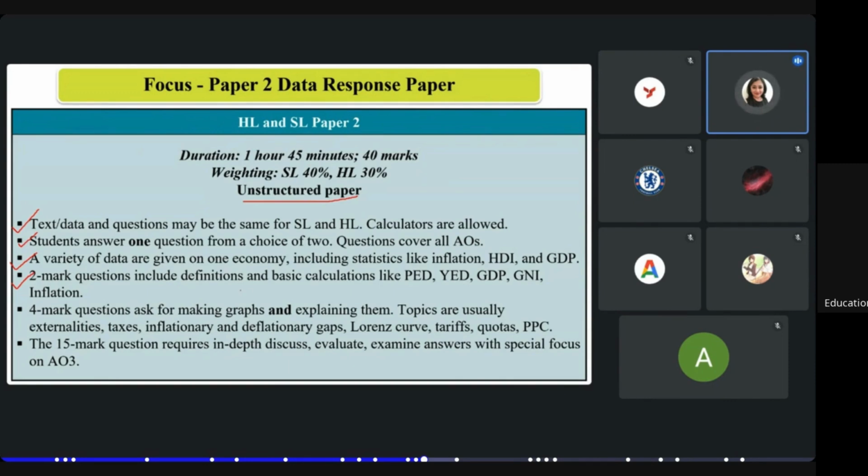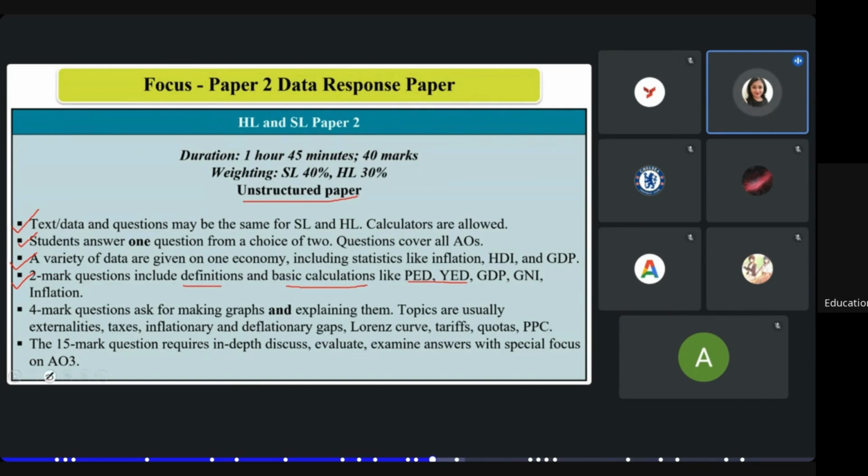So paper 2 questions, they include defined questions, basic calculations. So you need to brush up on these basic skills. Normally, students forget these tiny little things that we have done in grade 11. Calculating PED, income elasticity, how to calculate GDP and GNI separately, how to calculate the rate of inflation. These are basic calculations that you need to start practicing on.